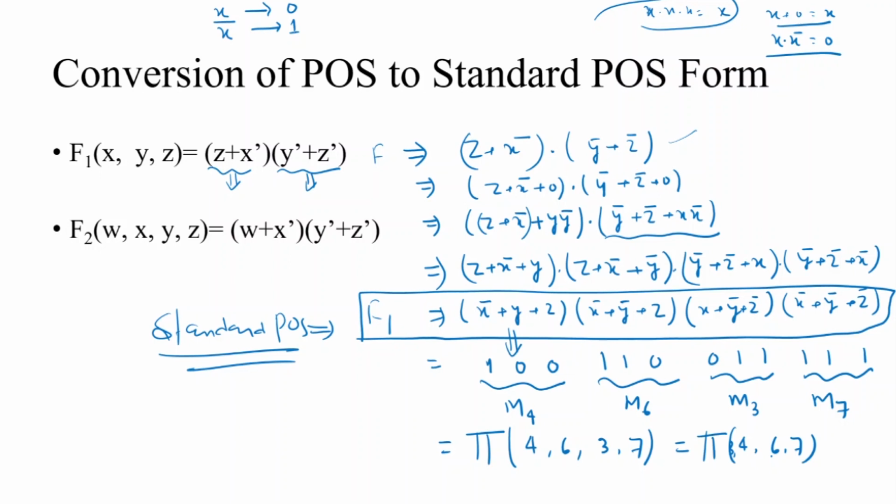When we write a Boolean function in POS form and arrange it in sequential order, it is written as the projection of 3, 4, 6, 7, or simply M3 into M4 into M6 into M7. This is the standard POS form, because all terms contain all the literals.